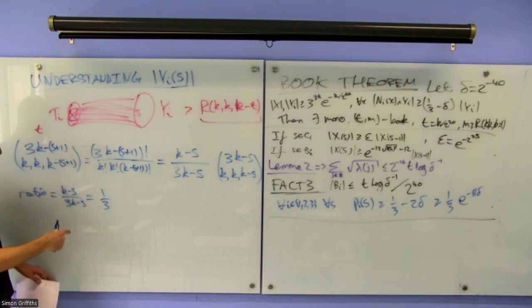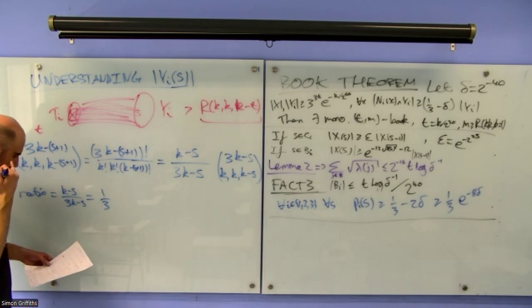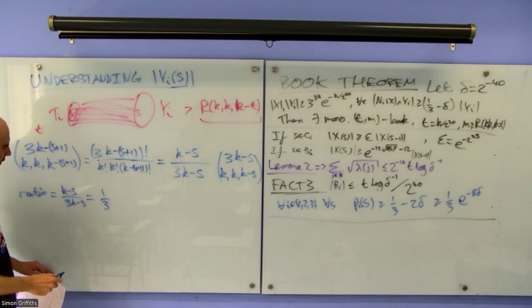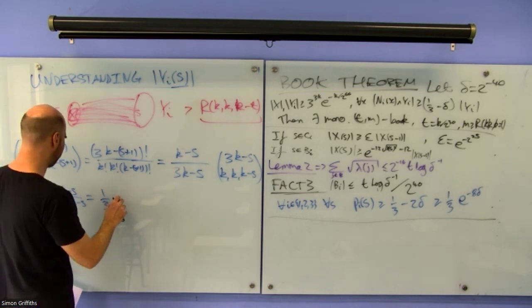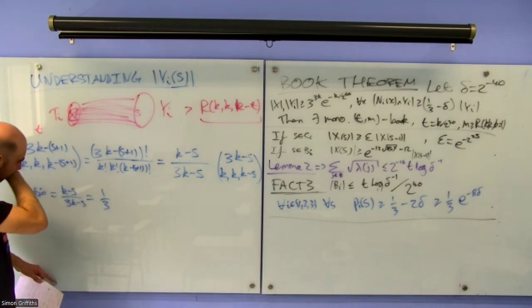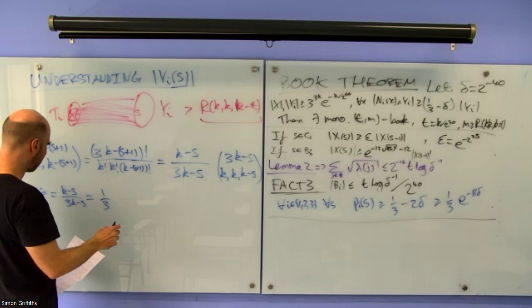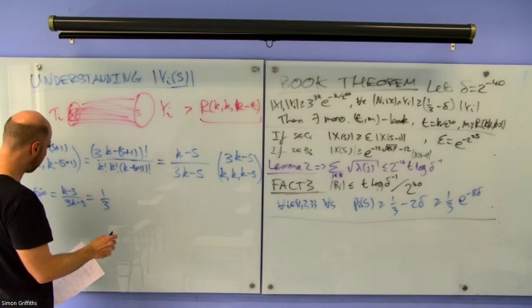So the part which is 3k minus s would give you 1, right? And then you have minus 2s over 3k minus s.